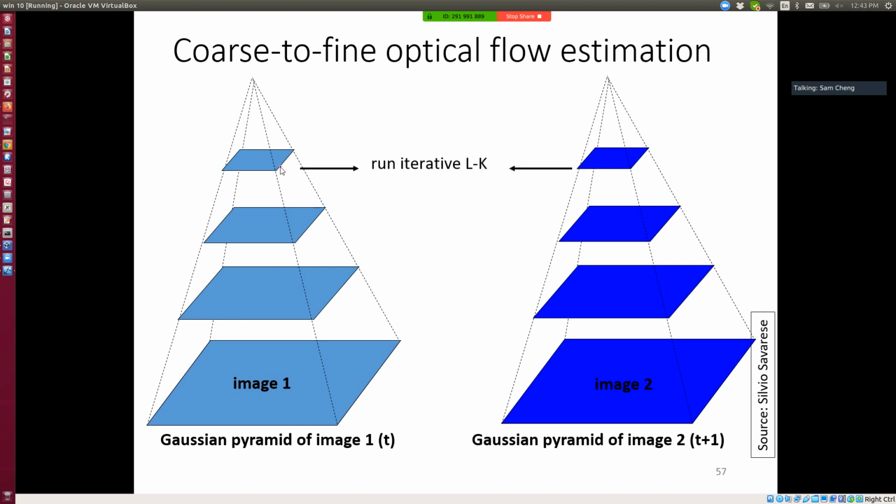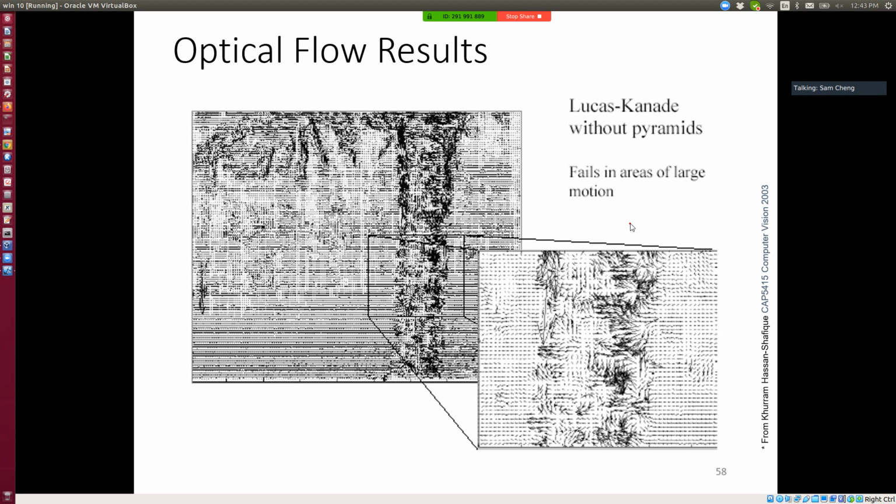And then once we find the disparity for that one, we can just warp the next one, right? So we know approximately how much this one moved, and we can use it to warp this one, and then use this one and this one. After the warp, we use this warped image instead of the original image to compute the disparity again, and continue to do that level by level.